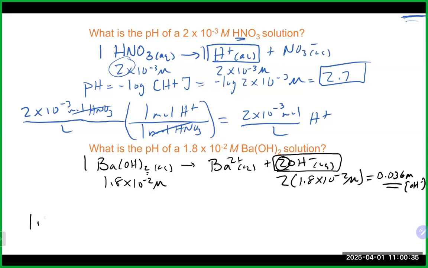Again, basically, we just did the same thing we talked about above there. 1.8 times 10 to the minus 2 moles per liter of barium hydroxide, doing a little stoichiometry, mole to mole relationship.